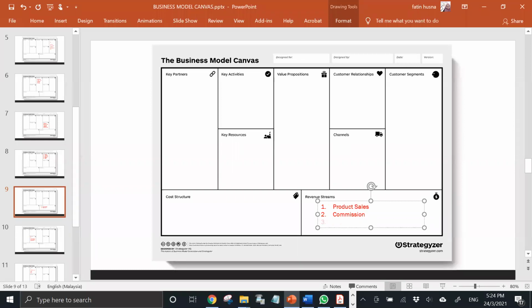And then another thing is delivery. Delivery fee can be under revenue or cost. So how is delivery fee under revenue? Delivery fee will be under revenue streams when, for example, you want to sell scarf, and the courier fee is given to the customer, meaning that you do not bear any delivery fee.